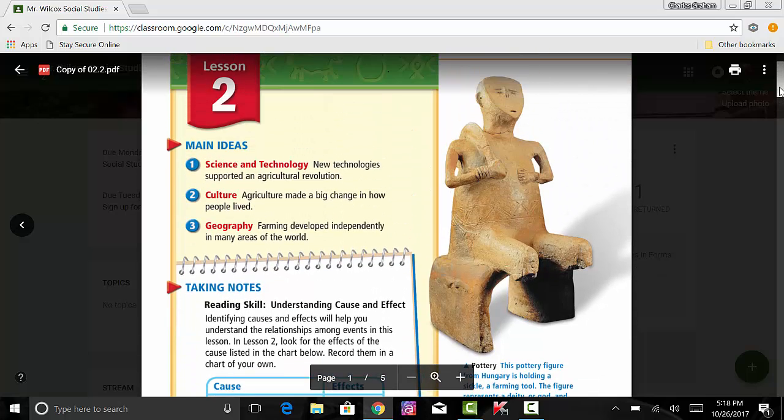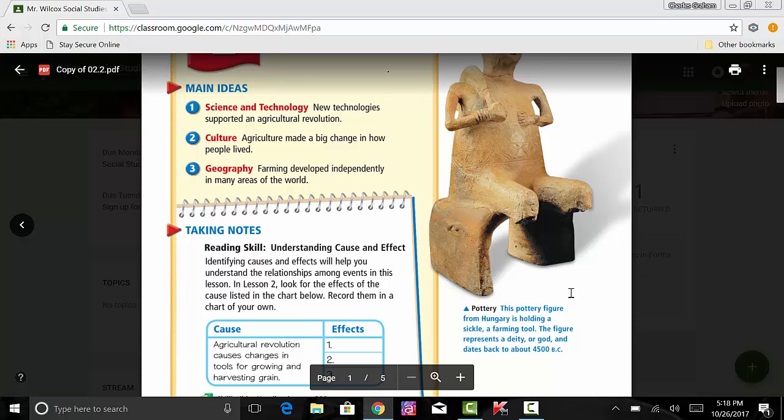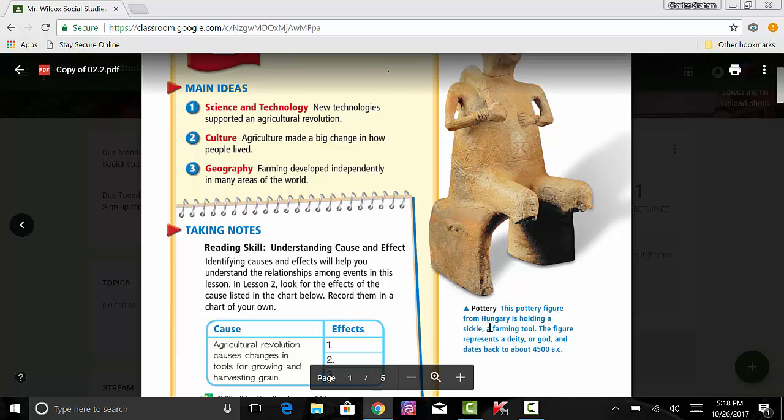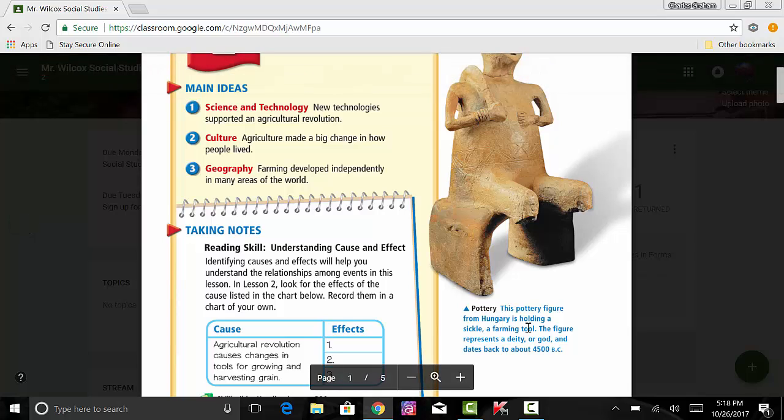We've got this image here. You always read the caption underneath to find out why they have a picture of this. There's a reason for it. It's from Hungary, and it's holding a sickle, a tool used to harvest grain. It's a farming tool, and this figure represents a deity or a god, and it dates back to about 4,500 BC.